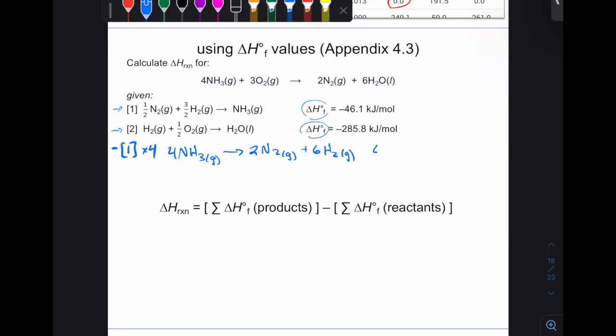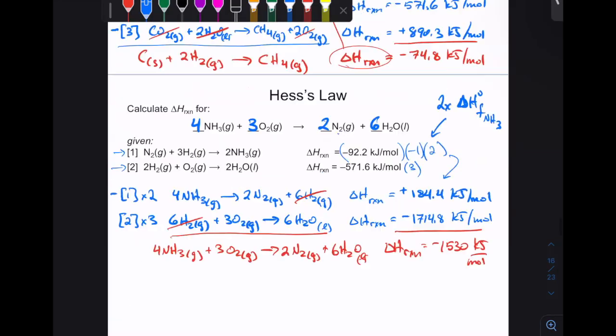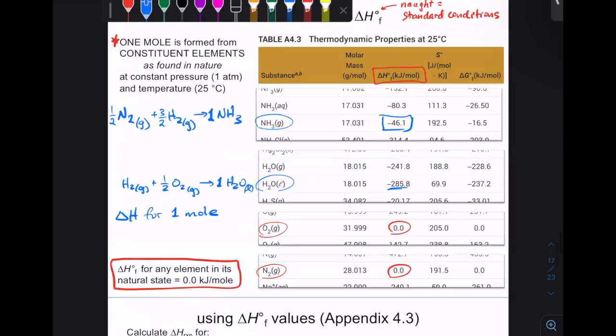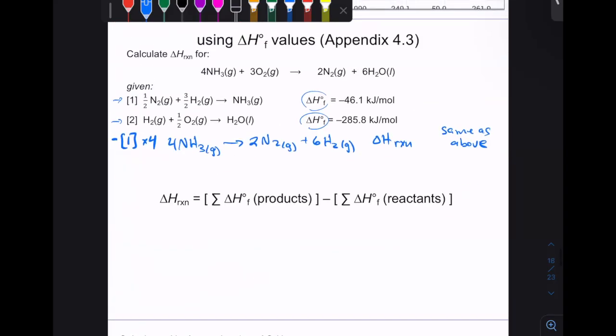And if we do that, the delta H of that reaction, of course, we already know what it's going to be because we did that. It's the same as above. See, we're just solving the same problem as we did here, except now we're doing it with formation reactions instead of what's given here. That's the only difference between these two problems. That's why I'm leading you through it. So the final delta H of reactions are going to be the same as above.